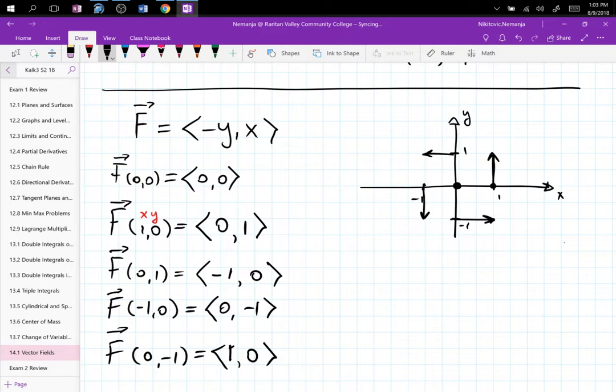Every single one. If you compute the halves, I'll do that in red, they will look like this. If you compute twos, they would go like that.